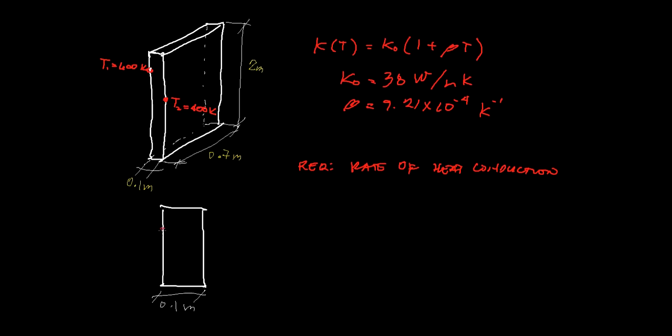To simplify our figure, we maintain a temperature at the surface of 600 K, and on this side, let's call it T2, 400 K. The thermal conductivity of this plate is given by this linear equation, K as a function of T is equal to k sub 0 (1 + beta T).